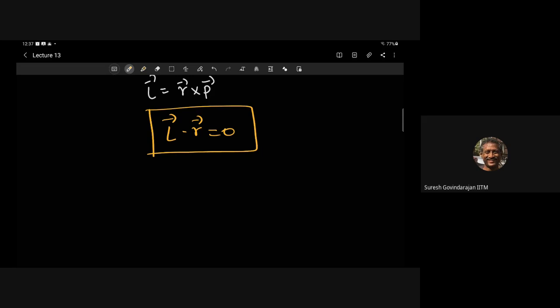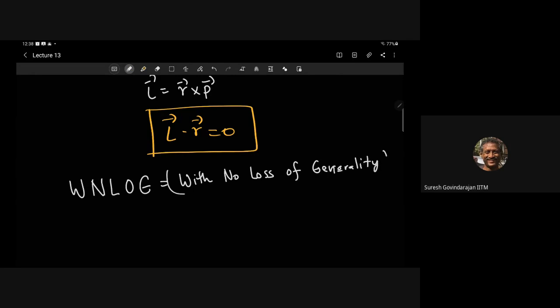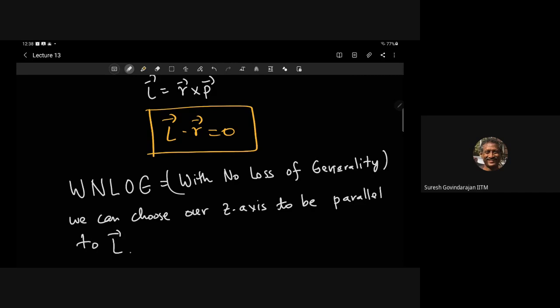What we do is WLOG, which is just defined to be without loss of generality, we can choose our z-axis to be parallel to L, sorry.